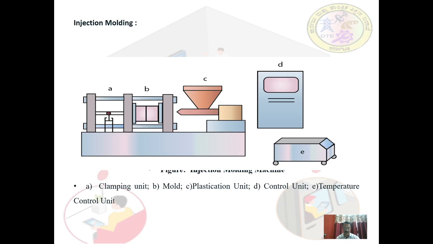Through a runner system, the hot melt prepared in the injection cylinder is injected into the cavity of the mold. The pressure is increased towards the end of the filling stage because of the increasing length of the flow path.